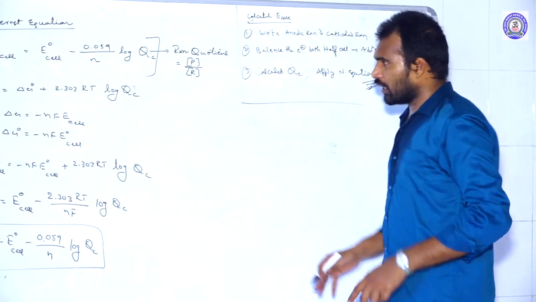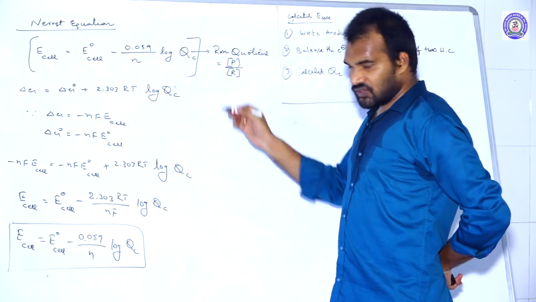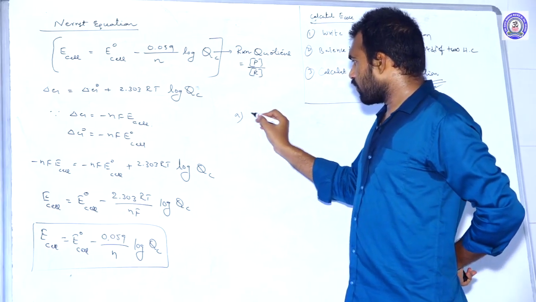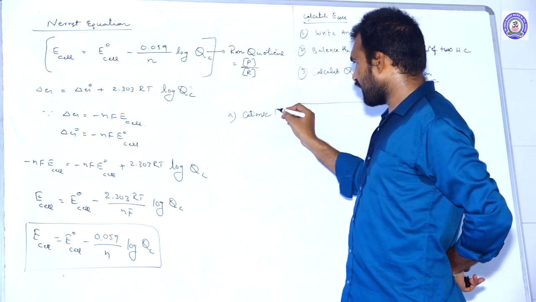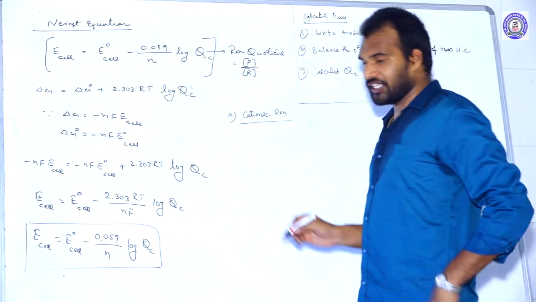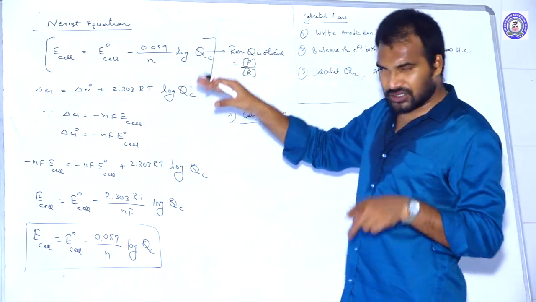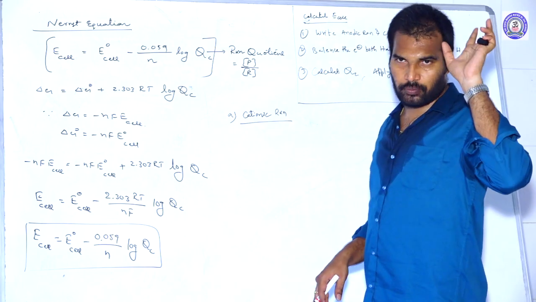Next, move to the applications of this Nernst equation, in case of cationic reaction or cathodic reaction. As per the IUPAC, SRP values are considered as electrode potentials.